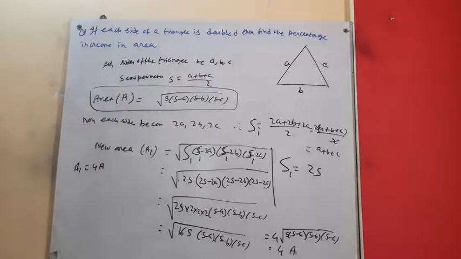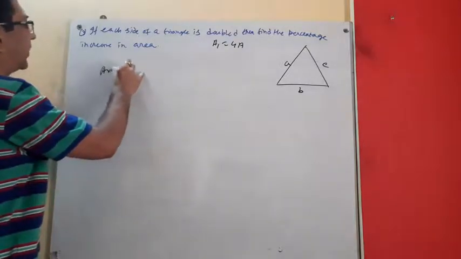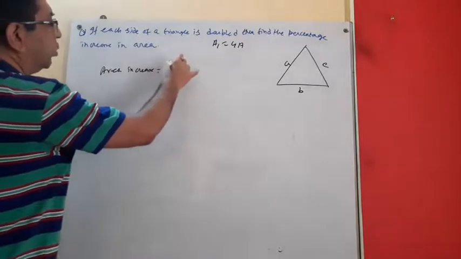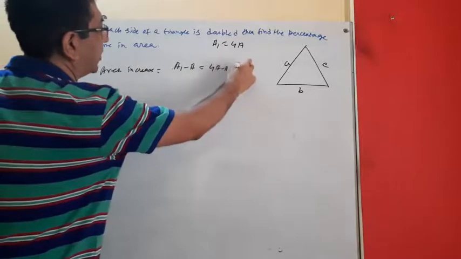Now we'll find how much the area is increased. Look, therefore the area increased is new area minus previous area, that is 4a minus a, that is 3a.